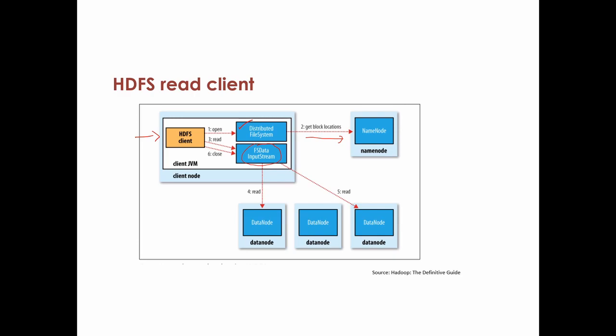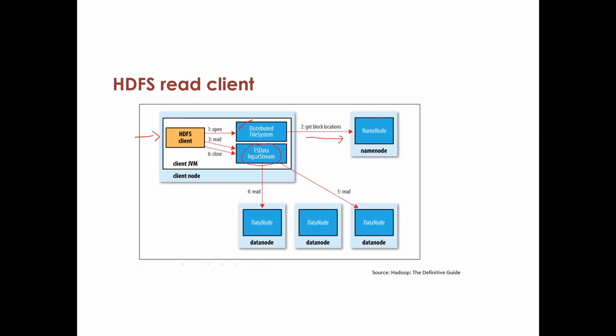This is basically the object which controls the read of data from this particular file throughout the read procedure. And as I mentioned, this read operation is optimized for streaming reads. So the system performs much better if you read the entire file from beginning to end in order. And how does that happen?